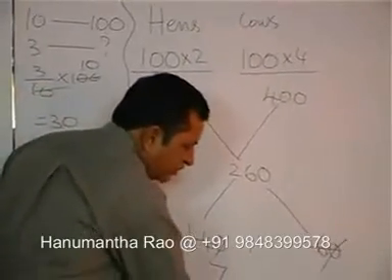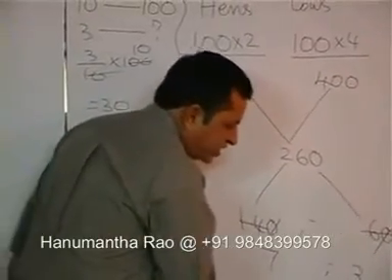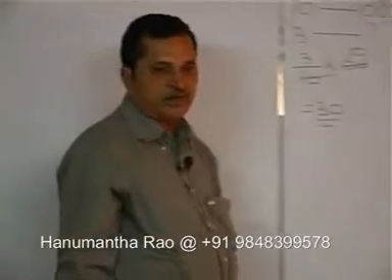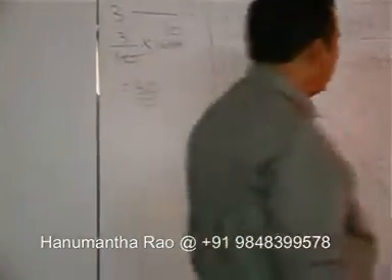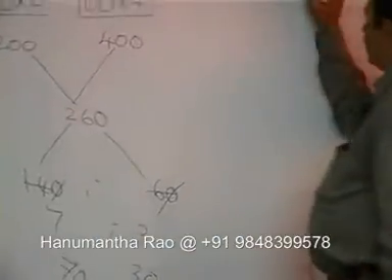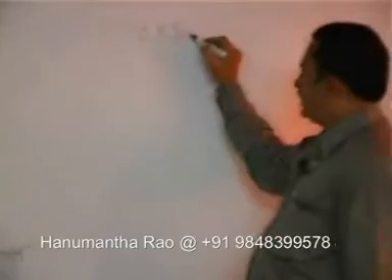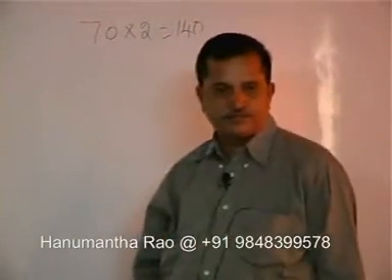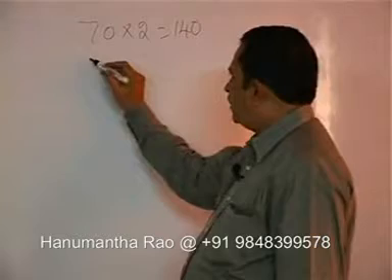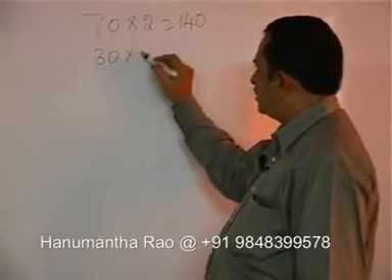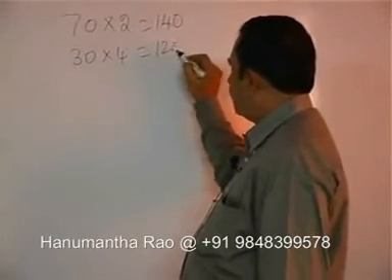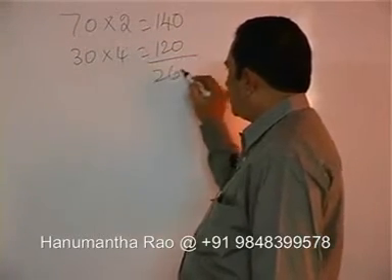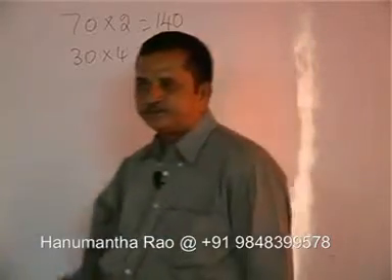Cows are 30 means hens are 70. If you want to verify, 70 hens into 2 legs is 140 legs, and 30 cows into 4 legs is 120, put together 260 legs, tallied.